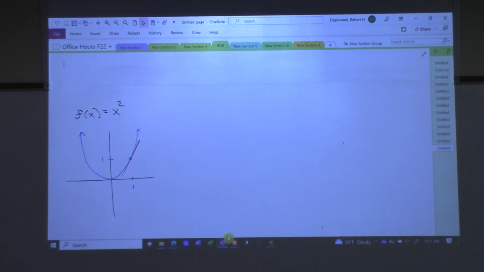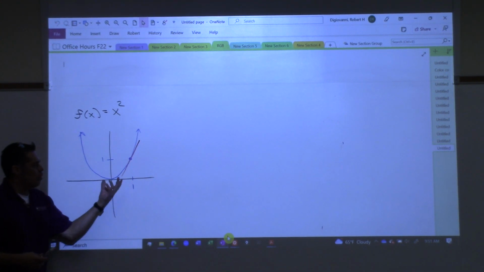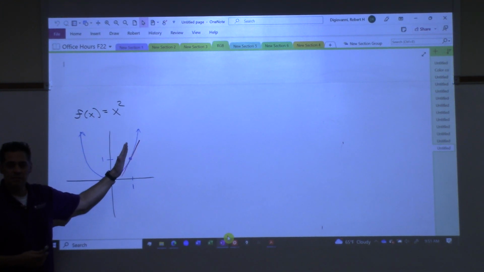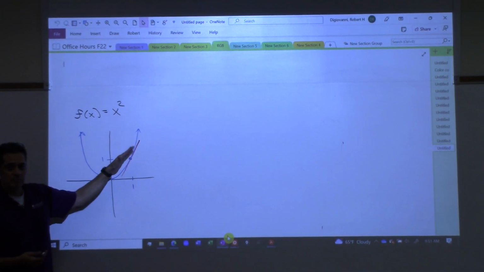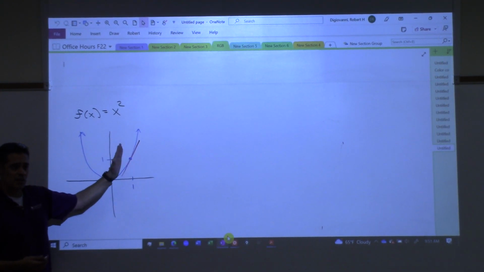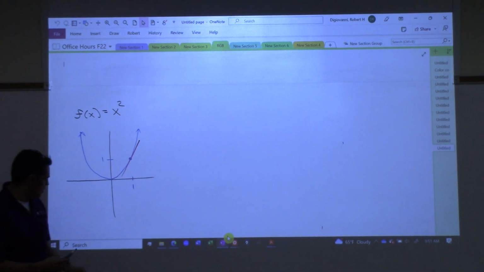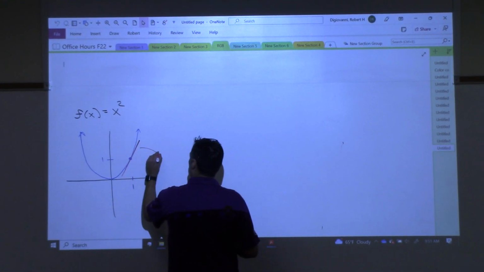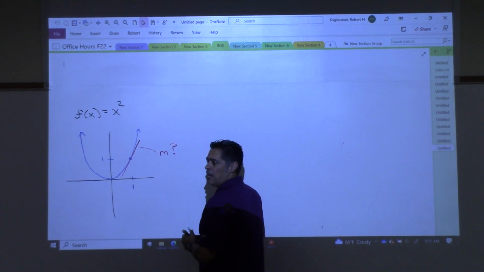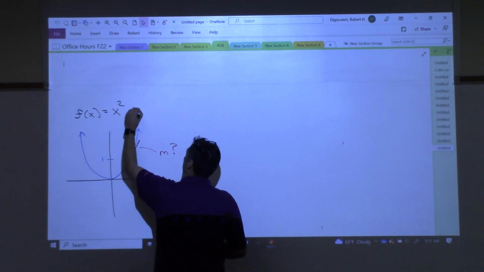It's rise over run, but where are you going to get it from? What in this class allows us to find slopes of tangent lines? The derivative, right? The derivative gives you the slope of the tangent line. So if I wanted to know the slope of that, all I would do is take the derivative of this function.